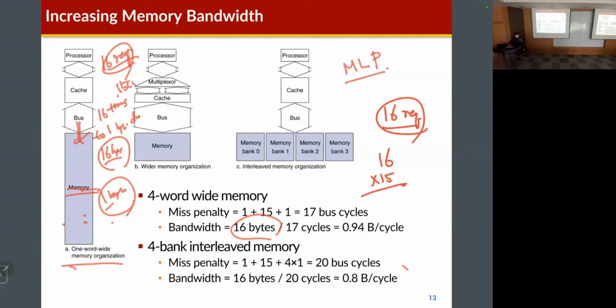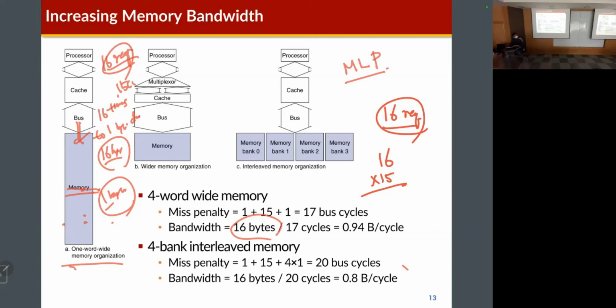The processor sends a request to the memory, waits 15 cycles, and then receives 1 byte of data from the memory. After that, the processor gives the next request to the memory, waits for 15 cycles, and then receives the requested data.